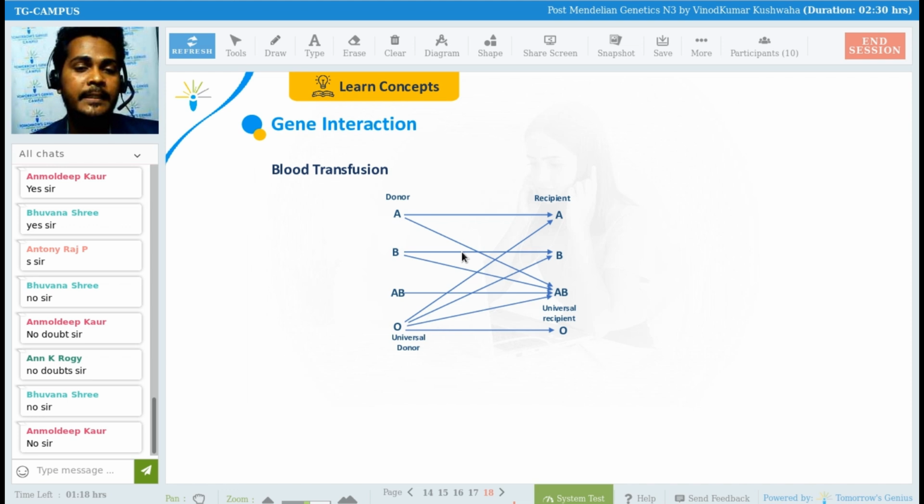What is important here is that the RBC of a person with O blood group has no blood group antigen, right?